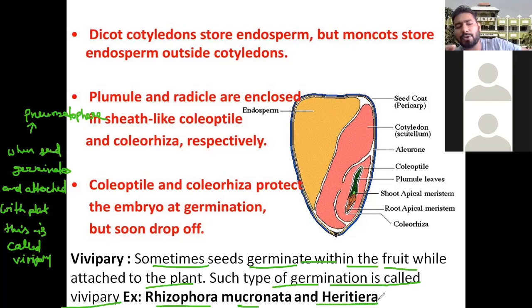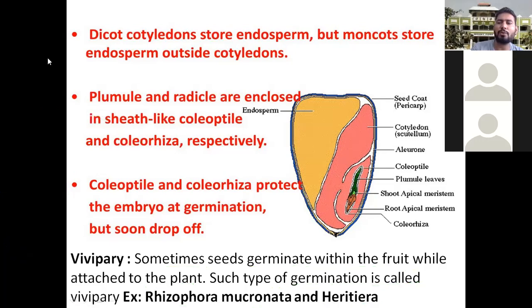These are examples of modified roots, which we have seen already, a modification of root for respiration purposes found in dicots. So this tree also shows the vivipary phenomenon. Vivipary means when the seed germinates while still attached to the plant. This is found in pneumatophore or Sundarban delta trees, mangrove vegetation.